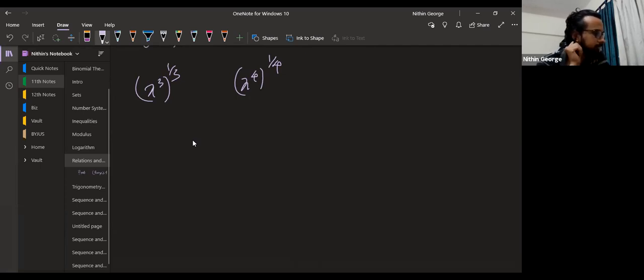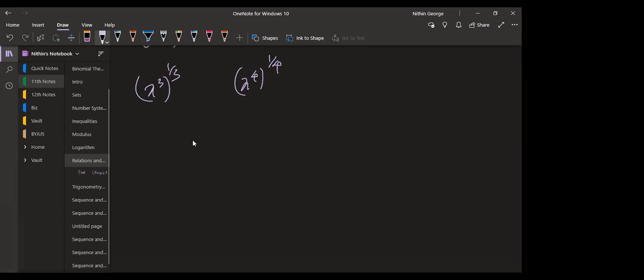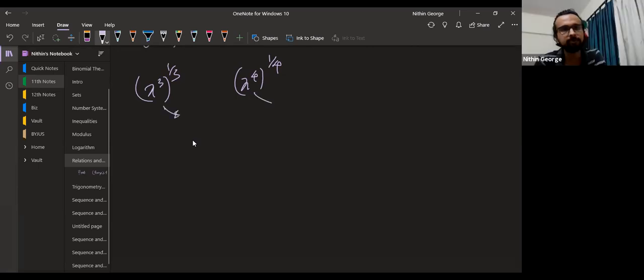Are they identical? No, sir. They're not identical. Why? The first one can be negative, the second one cannot. All right, as simple as that.